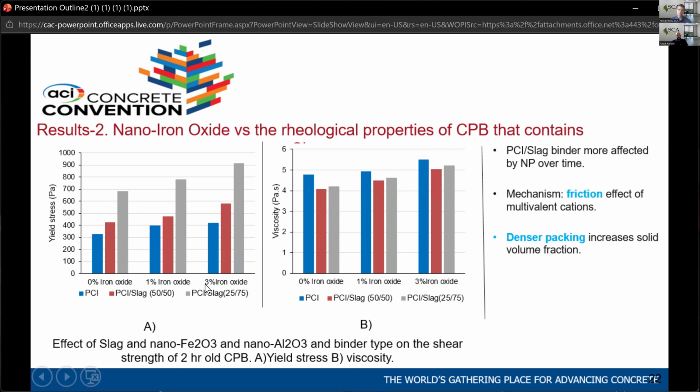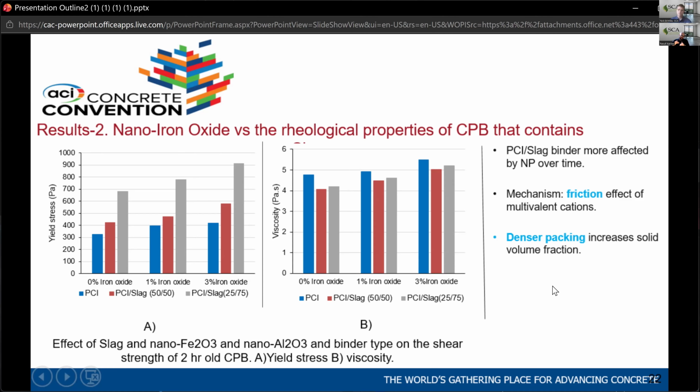So the more nanoparticles we have with slag, these are viscosity and these are yield stress. We see the more the nanoparticles are, these are nanoparticle percentage. The gray one is with slag, 25% cement and 75% slag. You get the higher result of yield stress in it.